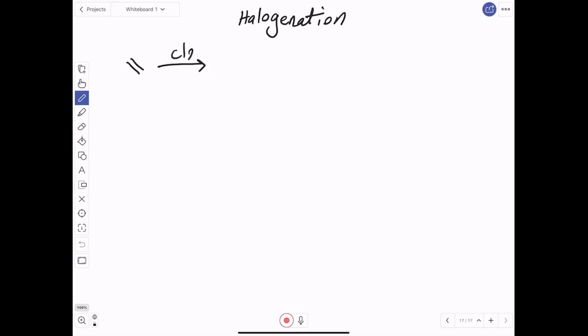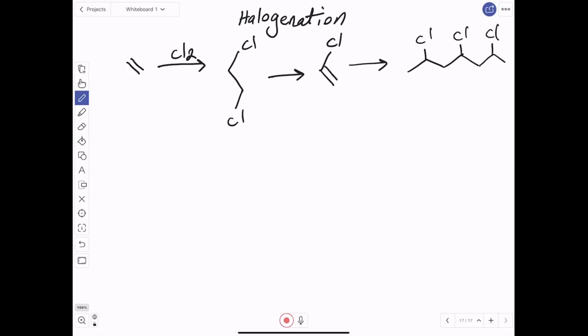Then they will do chlorination of ethylene. And then they do an elimination reaction. They will get vinyl chloride. And then polymerization of vinyl chloride gives PVC, polyvinyl chloride. It's just one application.